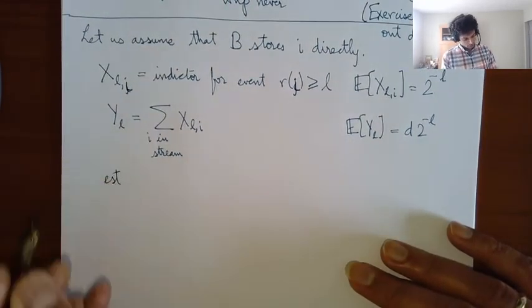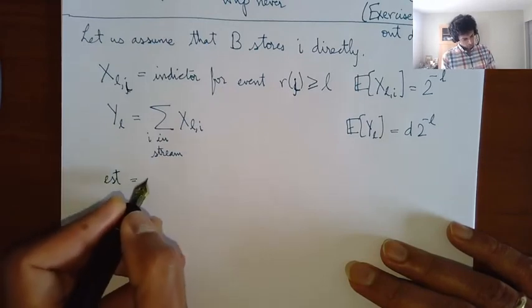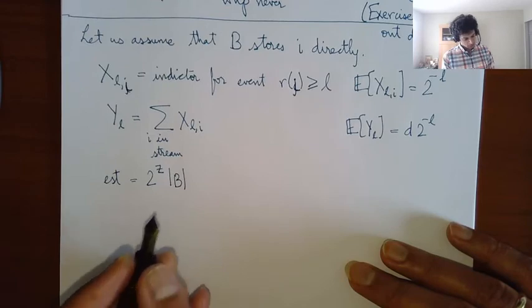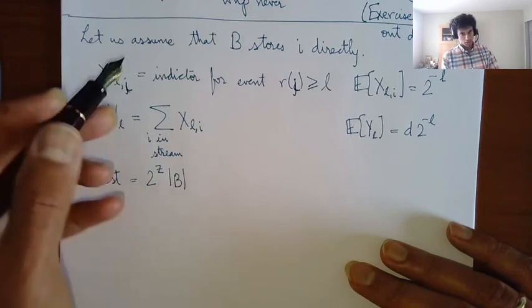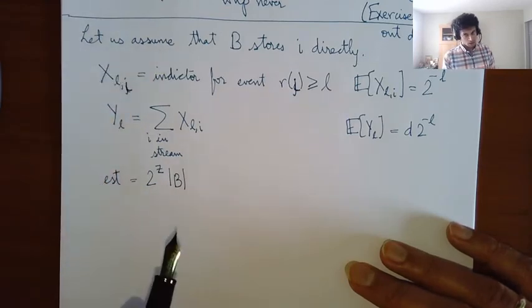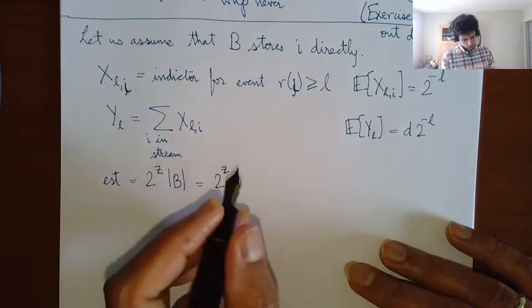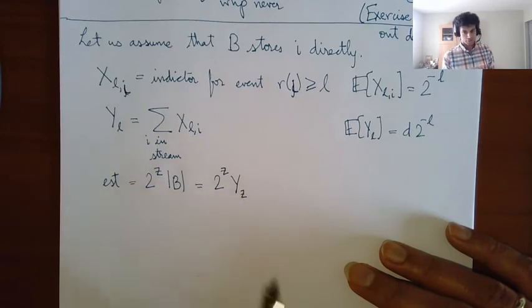Now what is our estimate? Remember, the estimate was 2 to the z times b, and because we assume that b stores i directly, this is the same as 2 to the z times Y of z.